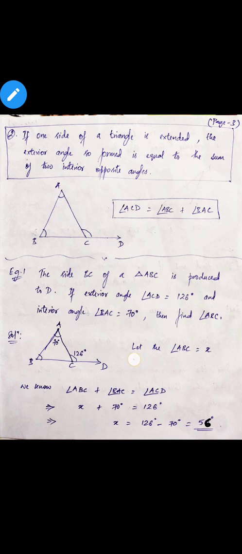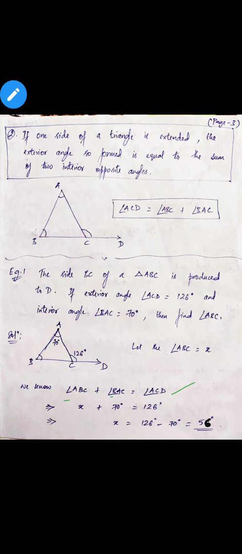So we'll write let angle ABC equal to x, since we don't know its value, but we know that angle ACD is this angle plus this angle. This is the property, right? See, this is the property. This exterior angle is equal to the sum of these two angles. So we will write angle ABC plus angle BAC equal to angle ACD.